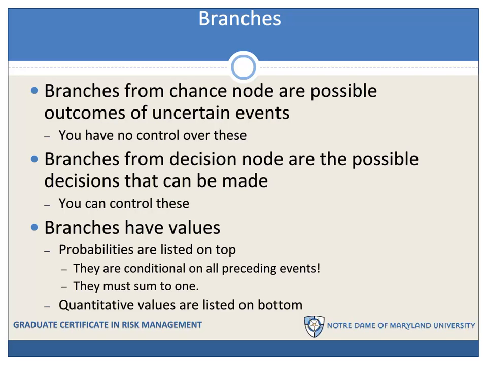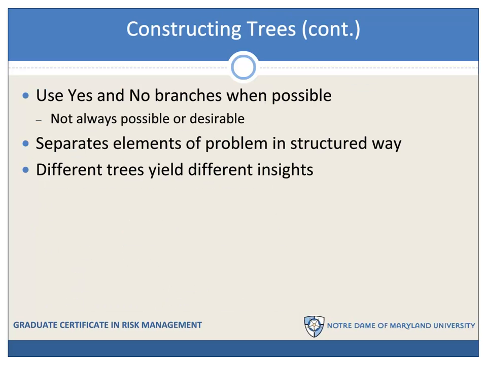The probability values that you see assume that everything to the left, all the preceding events, have already occurred. The probabilities attached to the branches coming out of a node must sum to 1, as you know. If you have quantitative values other than probabilities, they are typically listed on the bottom of the node.